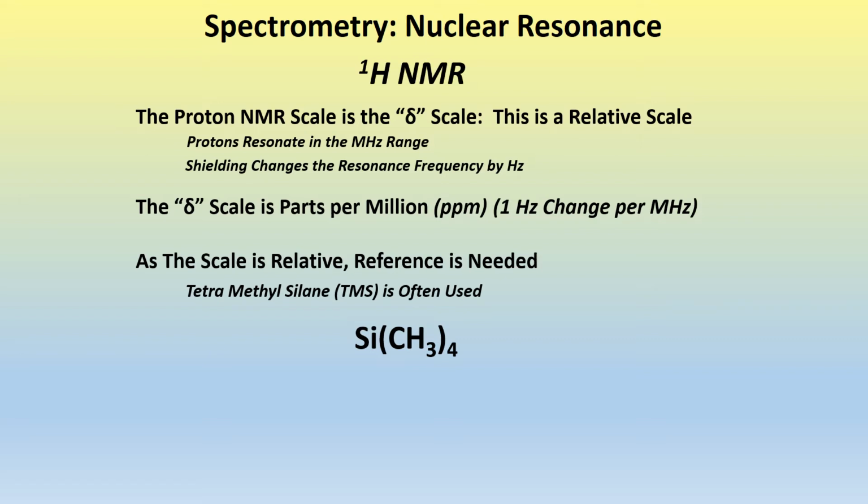This is a unique compound because hydrogen is more electronegative than silicon. Therefore, hydrogen is the most electronegative element in TMS. This is the most shielded a proton can possibly be, and TMS is set as the reference at 0 ppm.